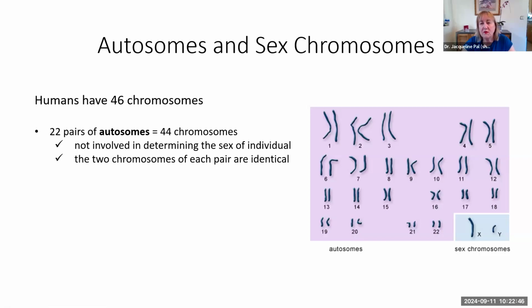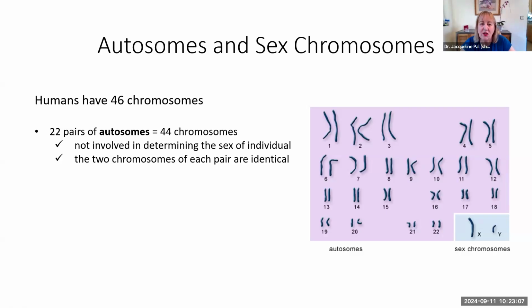These are the chromosomes that are not involved in determining the biological sex of the individuals. And you can see that there's 2 chromosomes for each pair. And so basically you get one from the mom and one from the dad. So we say there's a maternal chromosome and a paternal chromosome.